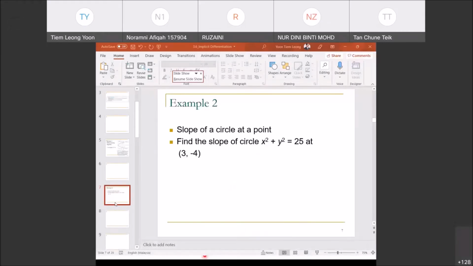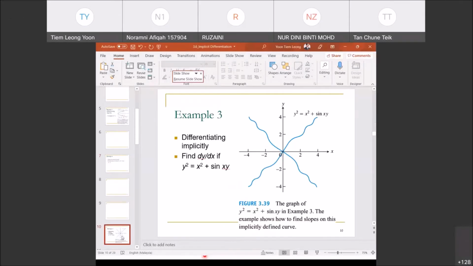Okay, so the next example would be what we call differentiation of this very weird looking function, y squared equals x squared plus sine xy. And let's see how you calculate the derivative for this function.